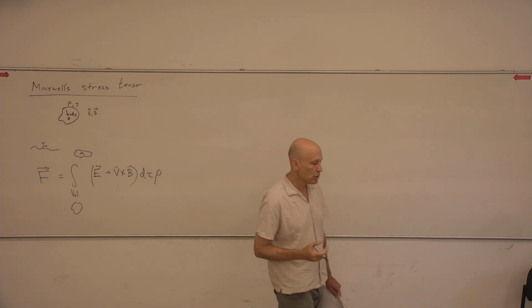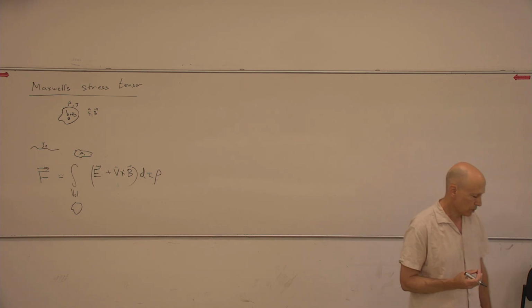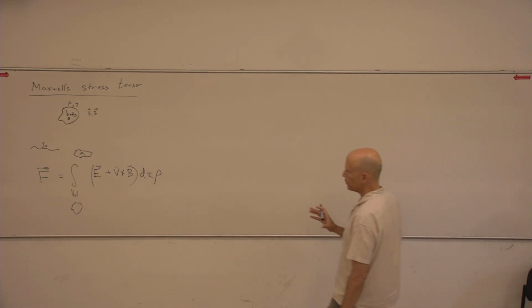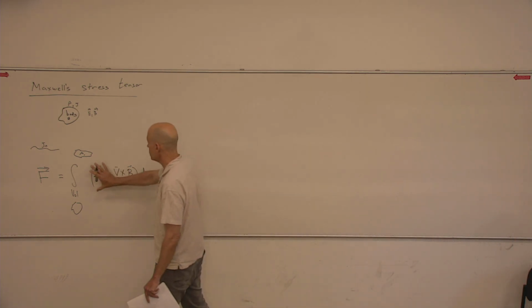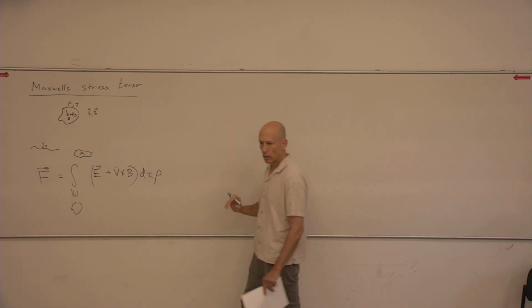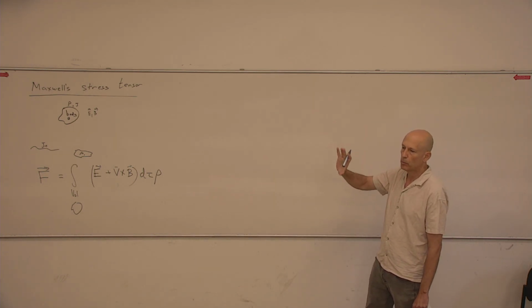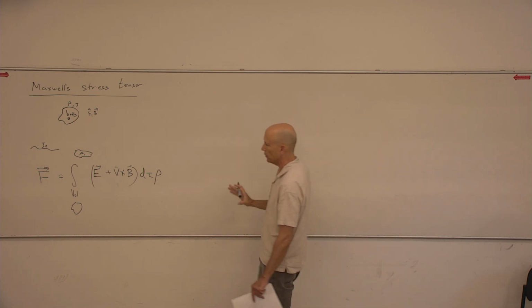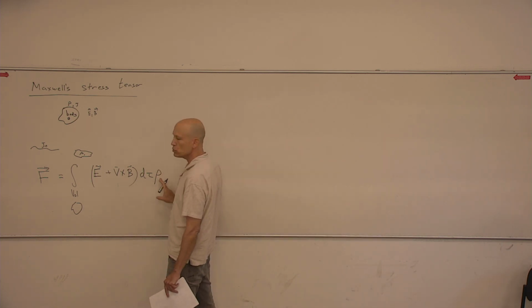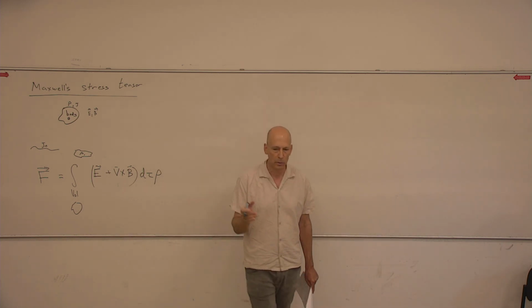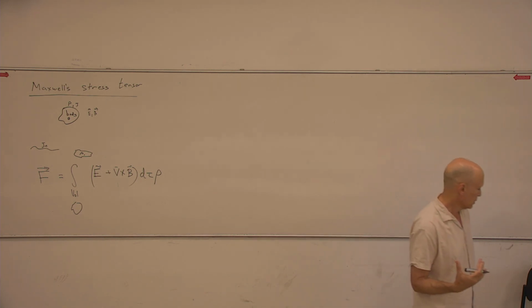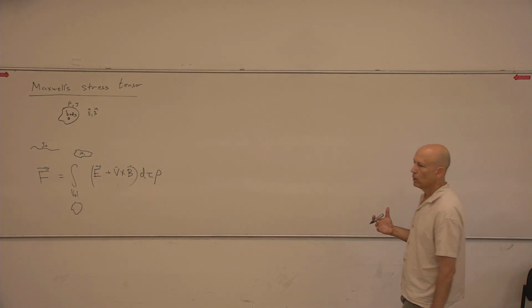And our aim is to rewrite this force totally in terms just of the fields, E and B. I want to eliminate the rest. Then if I know the E and B, I can calculate the force exactly. What is the idea? What is rho? This is something simple if you know Maxwell: epsilon zero times the divergence.